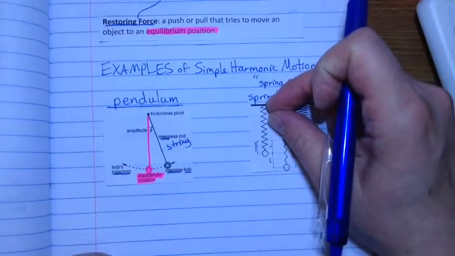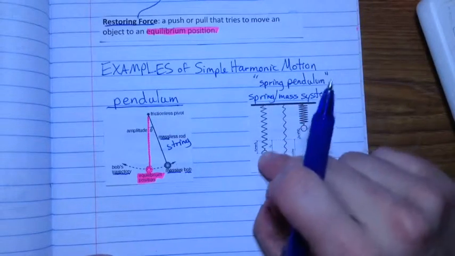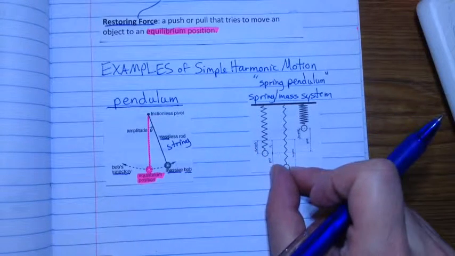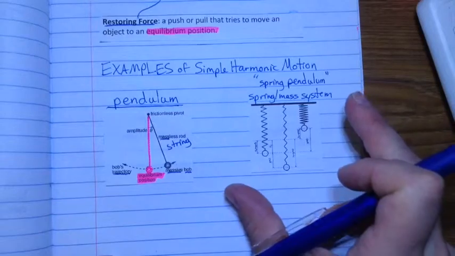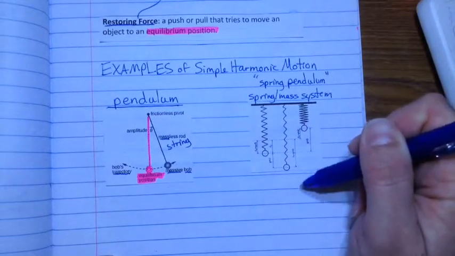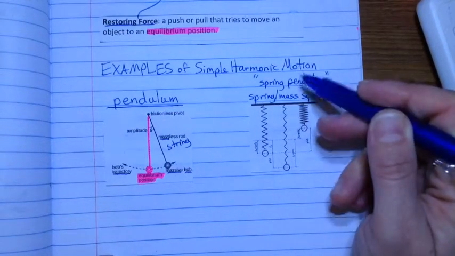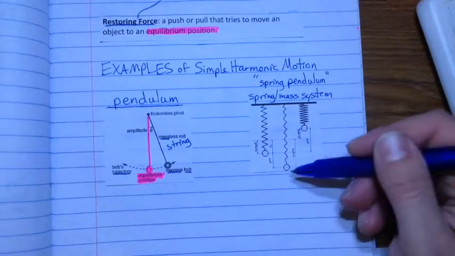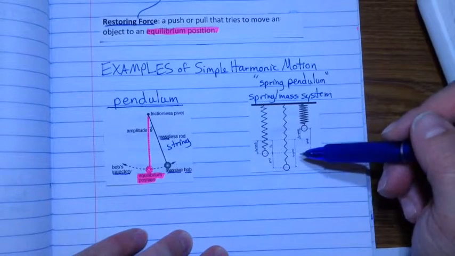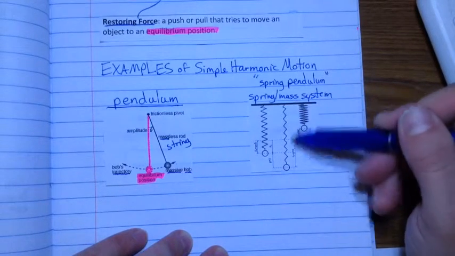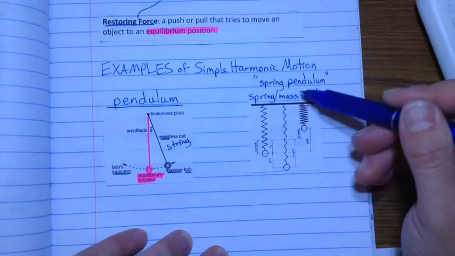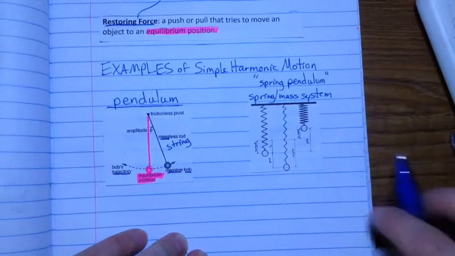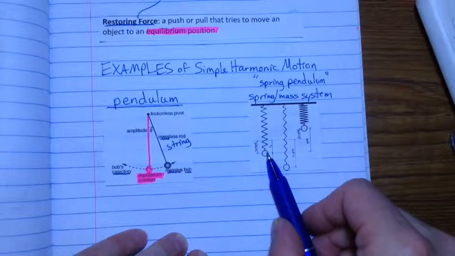It would go back up. But if I leave the bob on and I pull it down and then let it go, it's going to go up and down and up and down and up and down. Just like a pendulum goes back and forth, this one goes up and down. So in a spring mass system, the repetitive motion is that up and down. Now, the equilibrium position is when it's just hanging there.